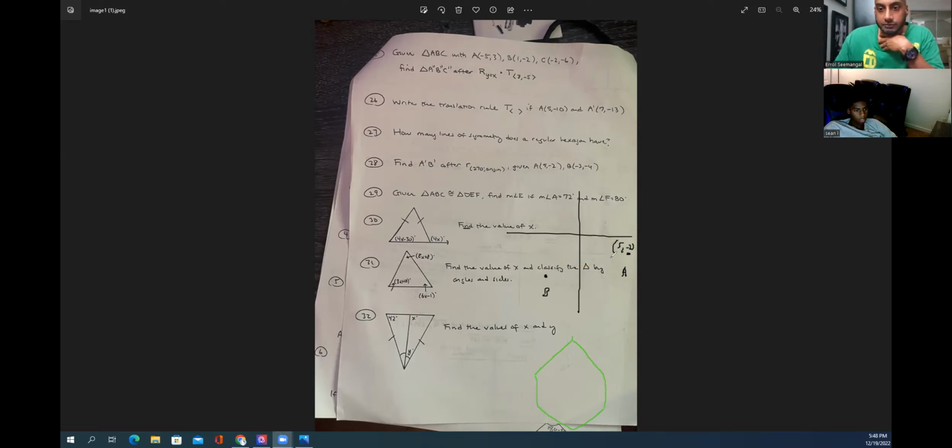If it were going this way, then it'll end up in the top left quadrant, right? So this would be negative plus, and this would be plus plus, and then vice versa. This is negative negative, and this one is positive negative.